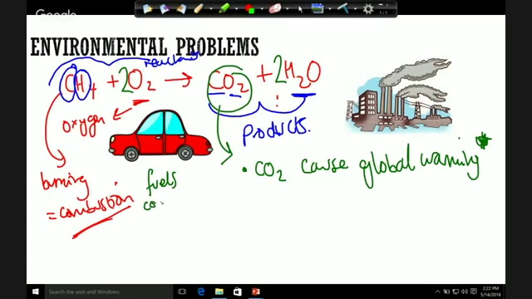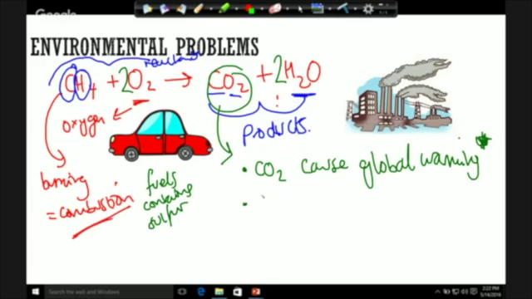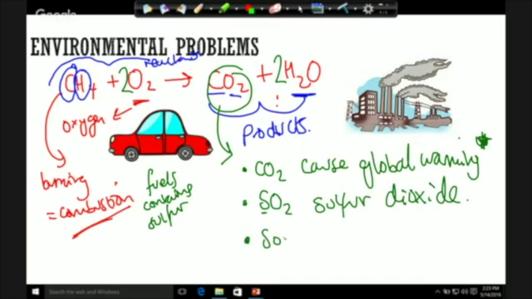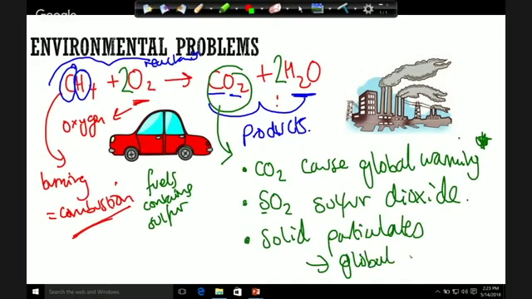The second problem is, if there are impurities in the fuel, some of the fuel contain something called sulfur. And if we burn the fuel containing sulfur, we create sulfur dioxide, because you can see the sulfur would react with the oxygen to make sulfur dioxide. The final thing is that it can make solid particulates, and this can cause global dimming.